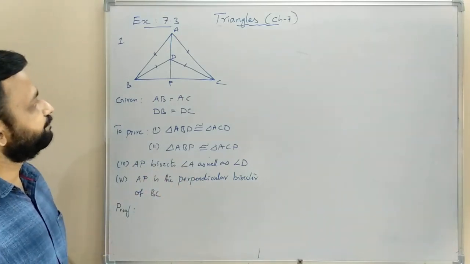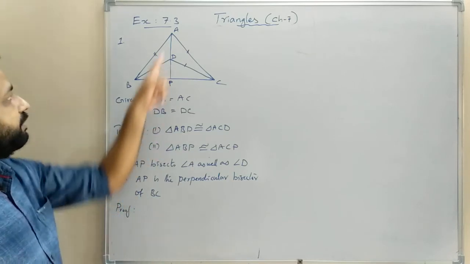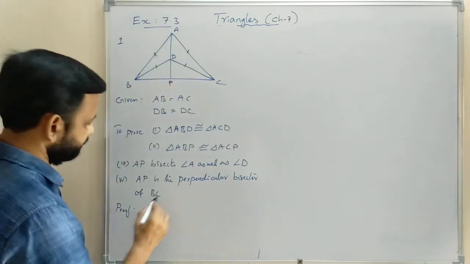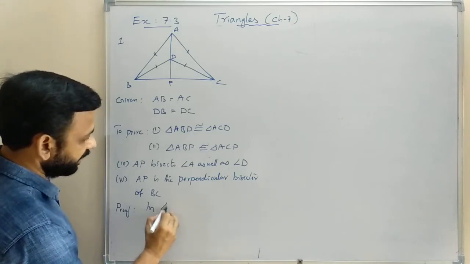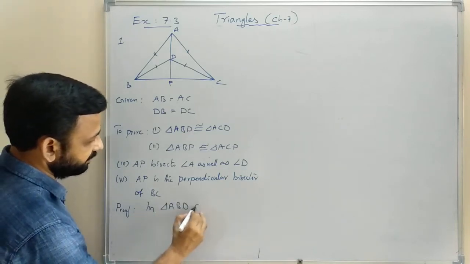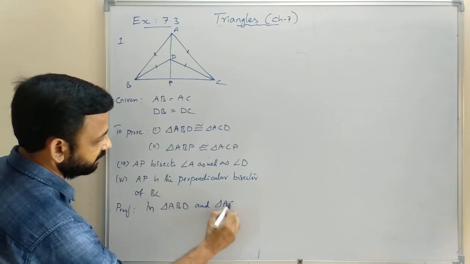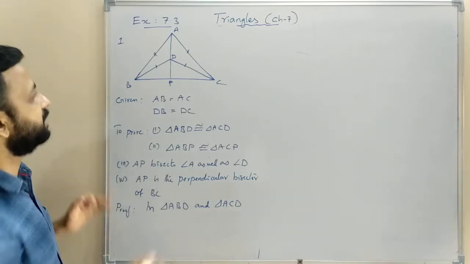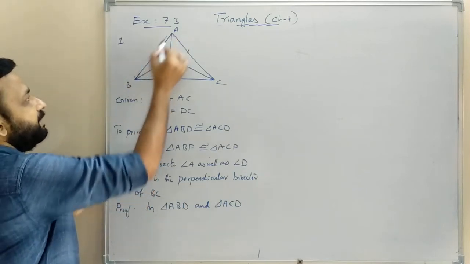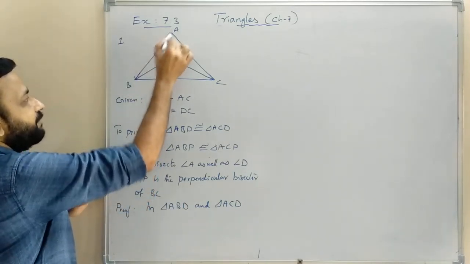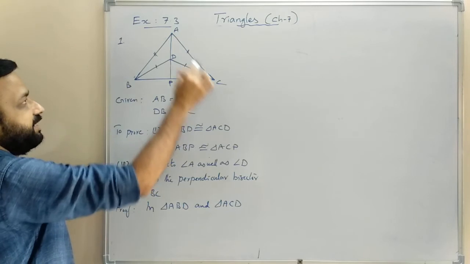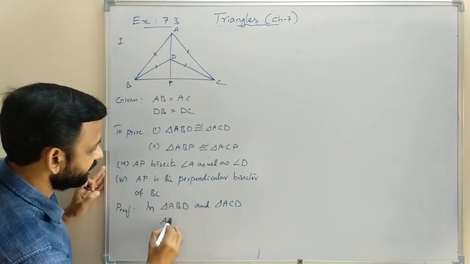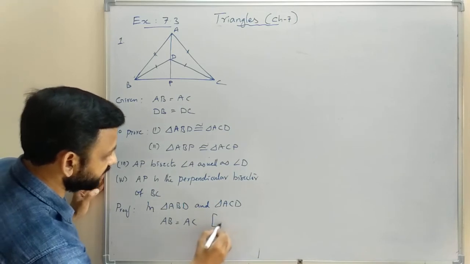So proof. First we are going to prove triangle ABD and triangle ACD are congruent. In triangle ABD and triangle ACD, we can compare the corresponding parts of the two triangles. Side AB of triangle ABD equal to side AC of triangle ACD. So we can write AB equal to AC, reason given.